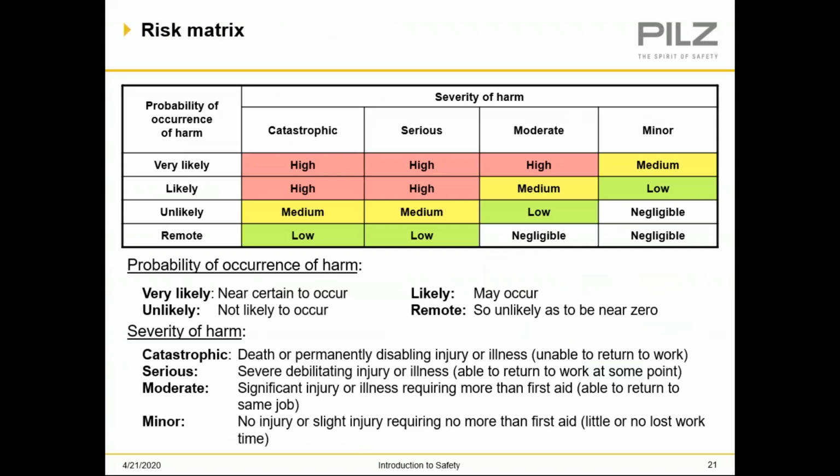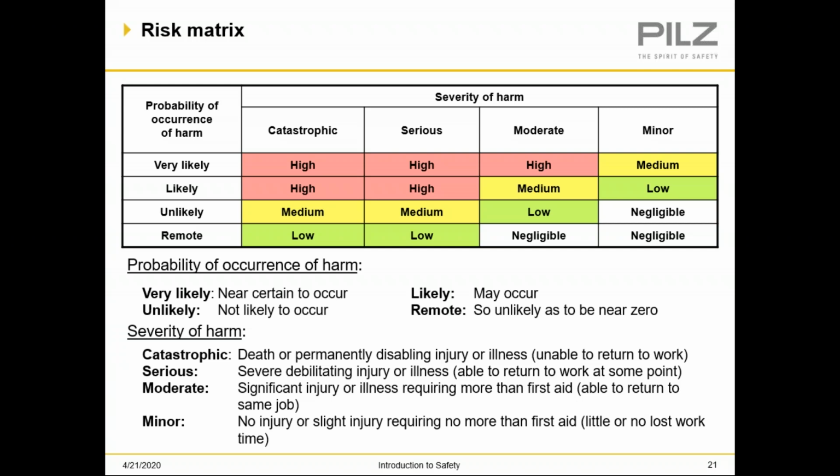So, risk matrix. This is a different way of looking at basically the same information, but it's got a little more description. It starts at the lower right and moves left and up, depending on severity and probability of occurrence of harm. So, likely, is it near certain to occur?